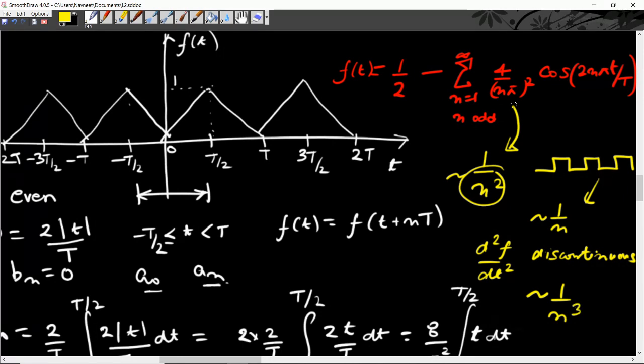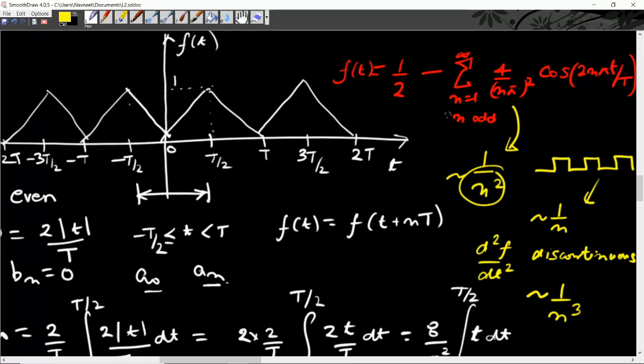So if we have coefficients which go as 1 over n squared, then as we add up these terms, for higher values of n the coefficients become smaller much more quickly than for the square wave, where the coefficients go as 1 over n. So we expect that by taking fewer terms, I'll be able to represent this triangular wave much better than the square wave.